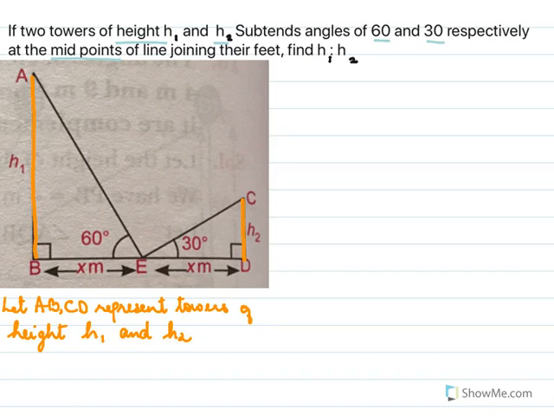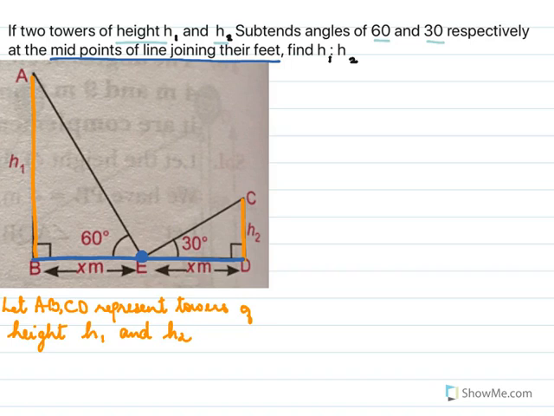The other thing they say is they make an angle of 60 and 30 respectively at the midpoints of the line joining their feet. So here is a line joining their feet. BD is the line joining their feet, and E is the midpoint.